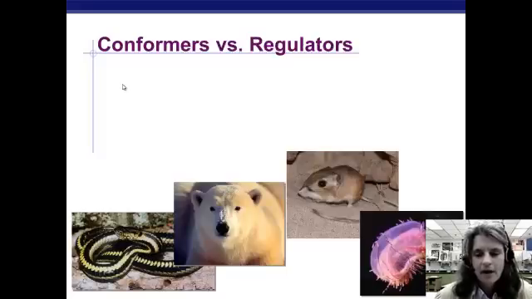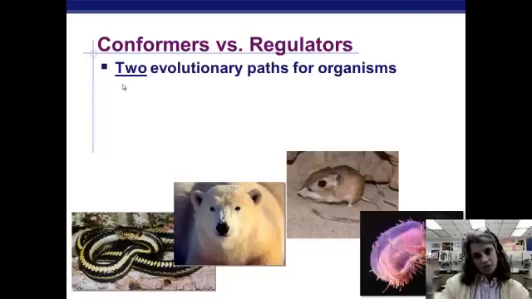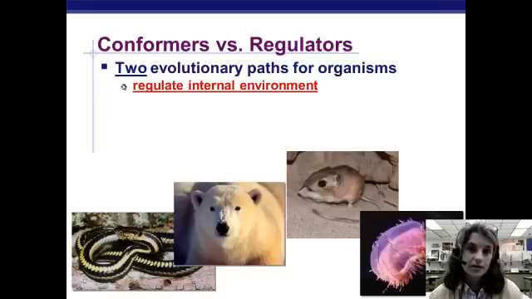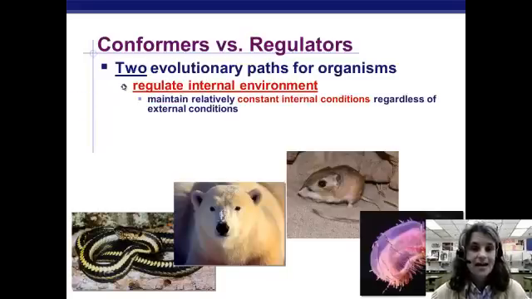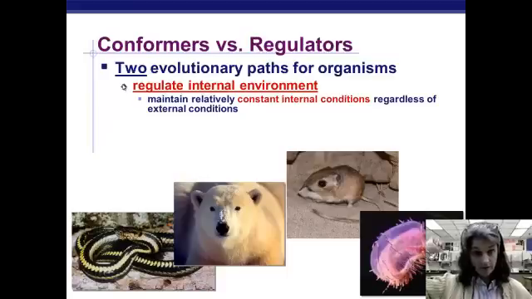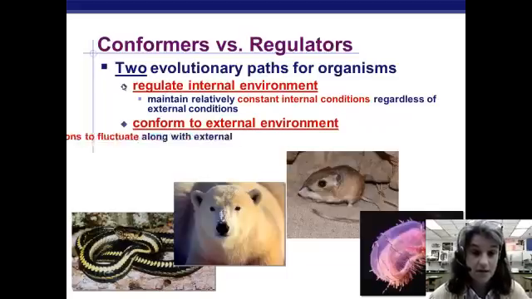Okay, now two words that we need to think about: this idea of being a conformer or a regulator. There are essentially two paths that organisms can take in this world. They can either regulate their internal environment and maintain constant conditions inside their bodies that may be vastly different from whatever their environmental surroundings are, or they can simply have internal conditions that conform to whatever the outside environment is.